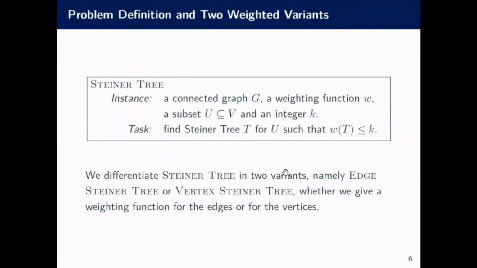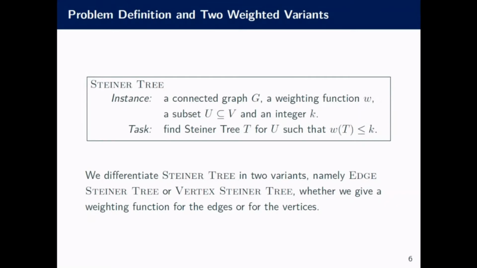Now we can define the relative decision problem. We are given a connected graph G, a weighting function w, a subset of vertices U, and an integer k. And we ask if there is a Steiner tree T for U such that T has weight no more than k. You can easily check that this problem is a generalization of spanning tree.